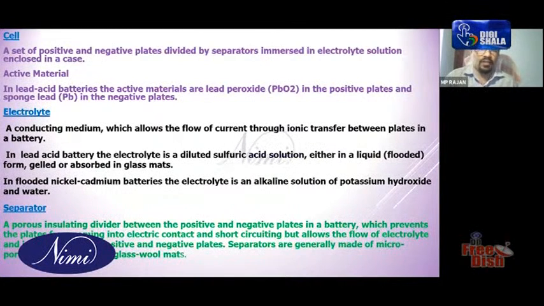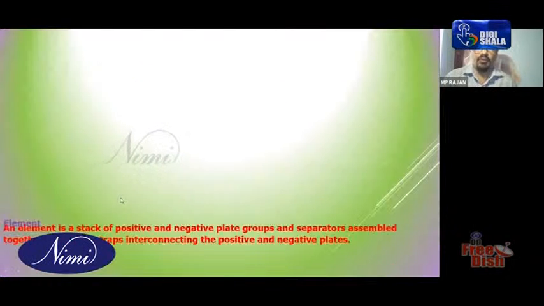Actually, it is a hindrance we are giving inside the battery, and it increases the resistance also, and that is a disadvantage. But we cannot avoid the separator. We should keep the positive and negative plates away. Between both plates there should be a separator.